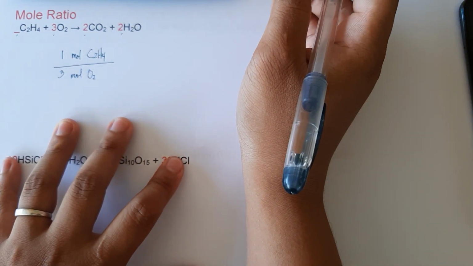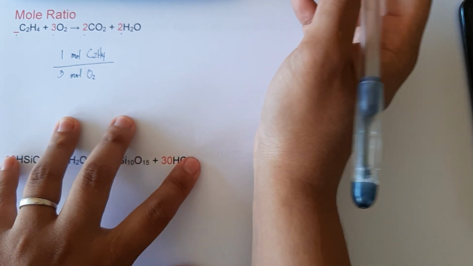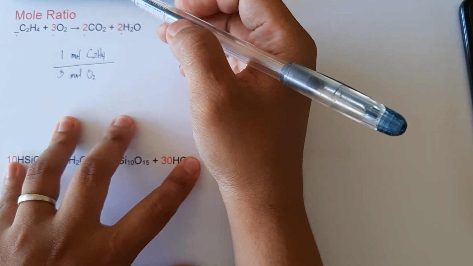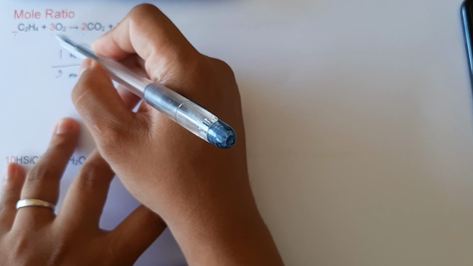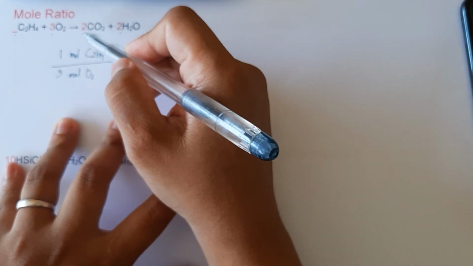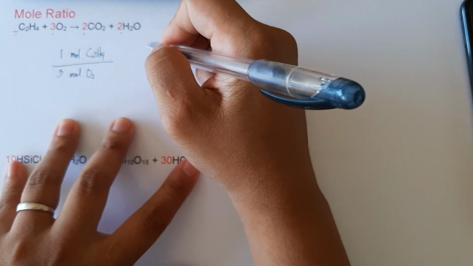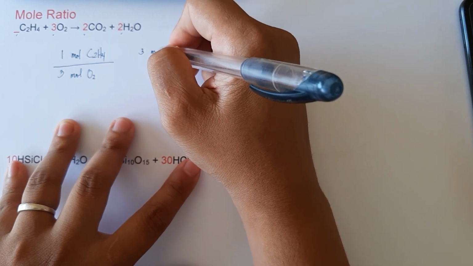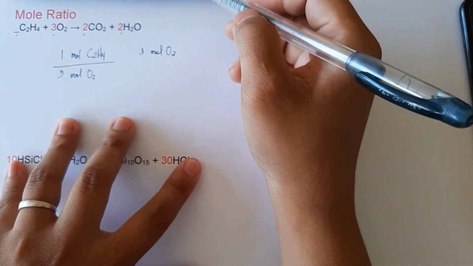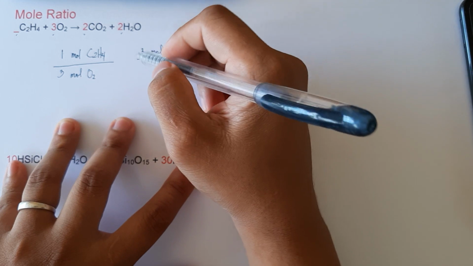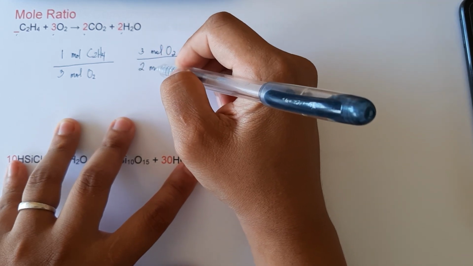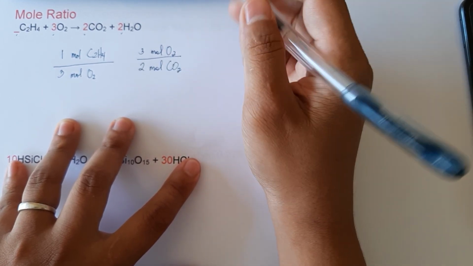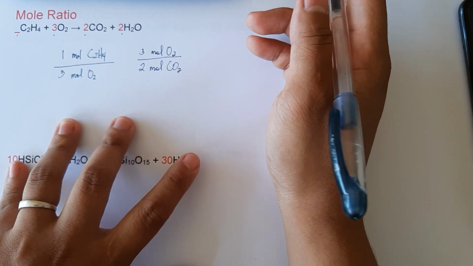So that is one mole ratio. Another one, let's have the ratio of oxygen gas and carbon dioxide. That will be 3 moles of oxygen gas over 2 moles of carbon dioxide. As simple as that.